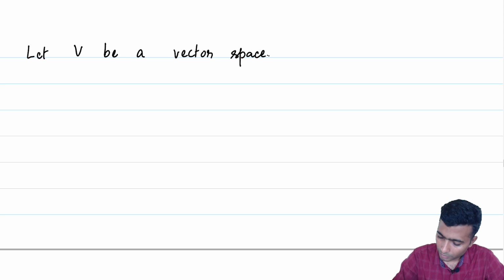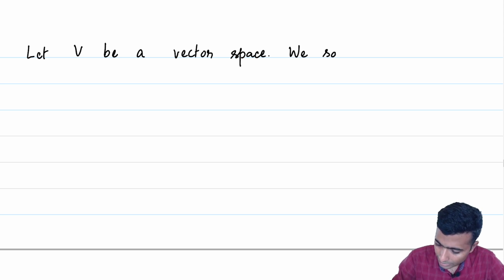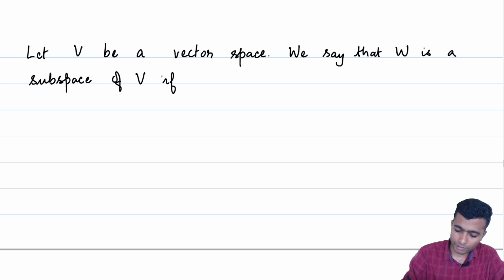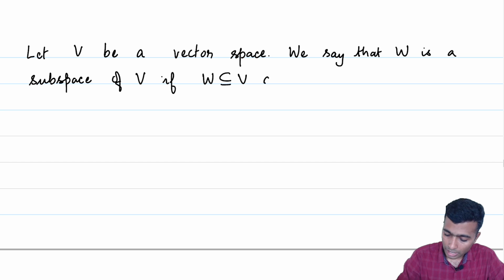So, let us note it. Let V be a vector space. We say that W is a subspace of V if W is contained in V and if the following two conditions are satisfied.